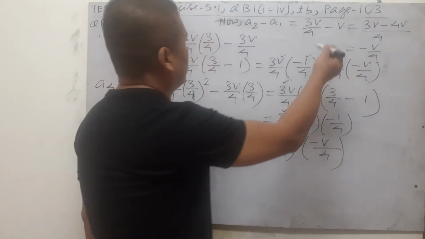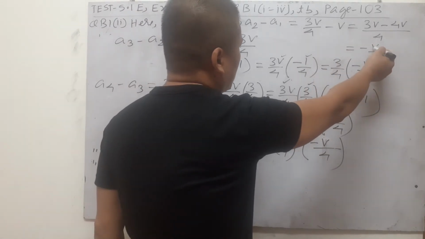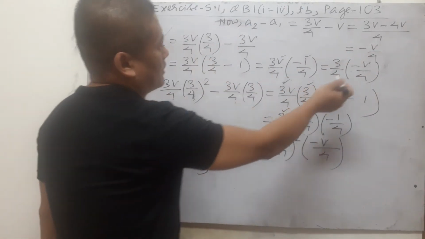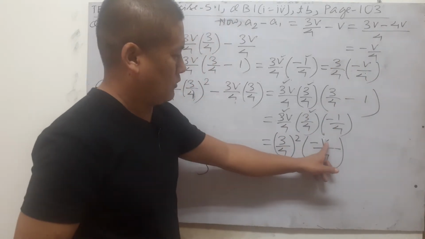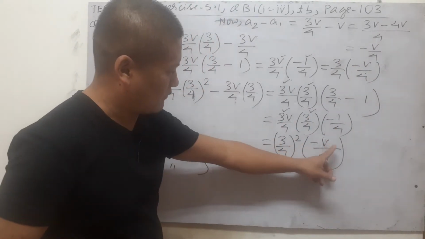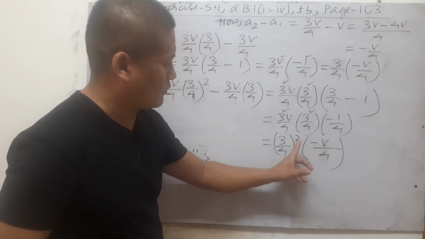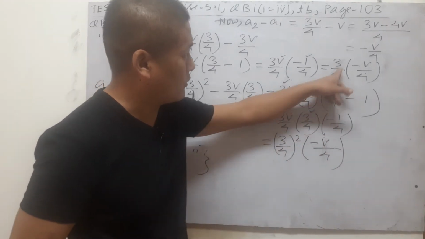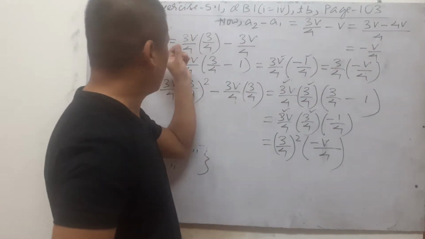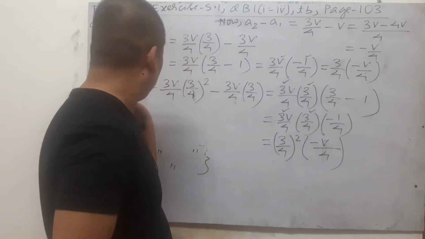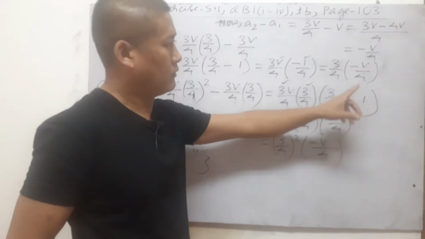Now we see that A2 minus A1 is minus V by 4 only, A3 minus A2 is minus V by 4 but with an extra factor 3/4. Here also A4 minus A3 is minus V by 4 but with an extra factor of (3/4)², here 3/4, here nothing. So A2 minus A1, A3 minus A2, A4 minus A3 clearly are not equal.